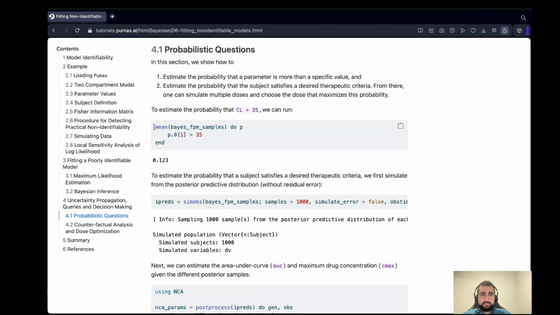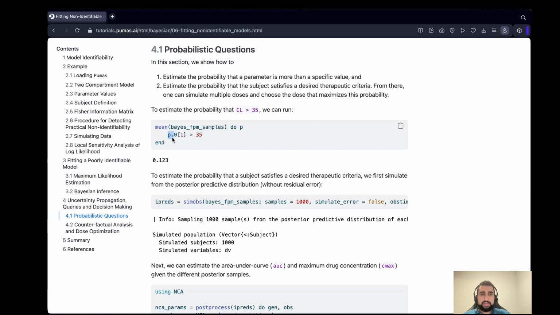So to show an example, here is an example where we can estimate the probability that clearance is more than 35. Clearance here is just the first parameter, theta, and the way we do this is using, again, the do syntax that we explained earlier. And here the do syntax does something slightly different. It's basically, for every sample, evaluating this block here.